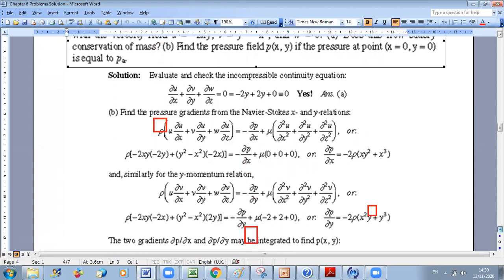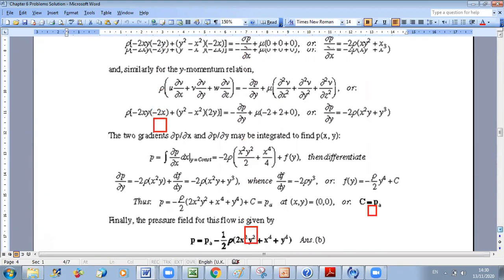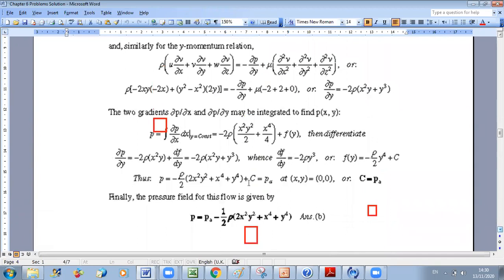So to find C, for x equals 0 and y equals 0, I have that P should be equal to atmospheric pressure. And if you replace x and y by 0 in your equation, you will get this is equal to C. So your constant C is equal to PA.